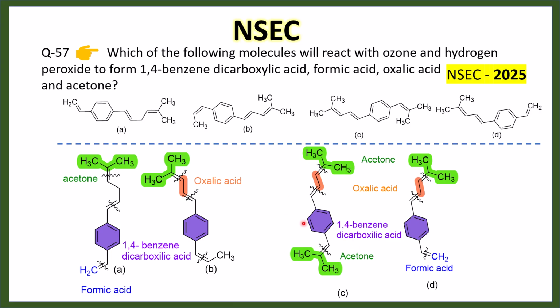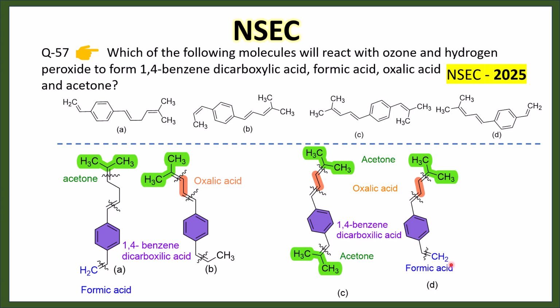Now in option 3, cleavage gives acetone, both end dialdehydes give the dicarboxylic acid, the 1,2-dialdehyde, glyoxal, gives oxalic acid, and this part gives acetone. So it gives acetone, oxalic acid, 1,4-benzene dicarboxylic acid, oxalic acid, and again acetone. Again formic acid is missing from option C as well.